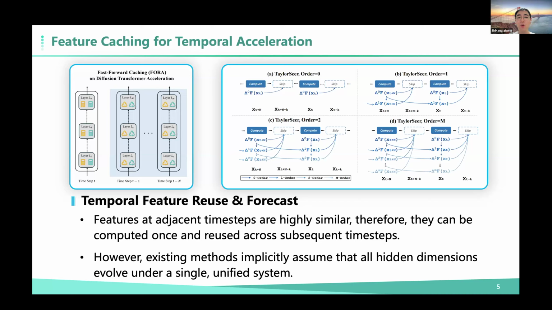With these derivatives, we can apply the Taylor formula to predict the next feature without computing through the large diffusion network. However, most of these feature caching methods implicitly assume that all of the hidden dimensions in DiTs evolve under a single, unified system, so that they can apply a single, unified reuse or forecast mechanism to skip the computation.